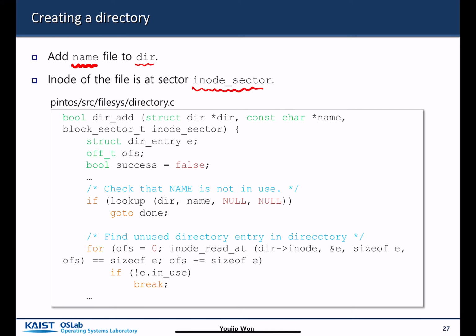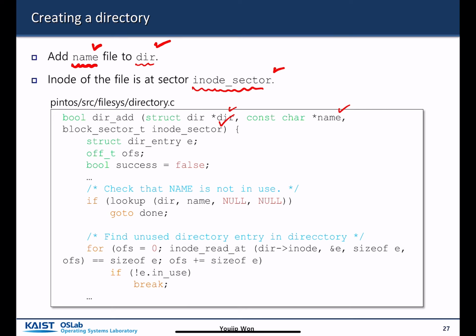So it has three parameters: name, directory, and inode sector. The directory is the target directory where the newly created file is located, then the name of the newly created file, then the associated location of the inode for the newly created file.